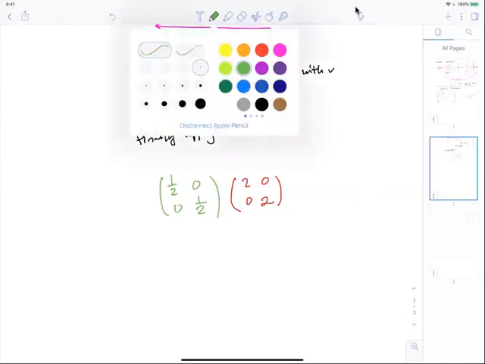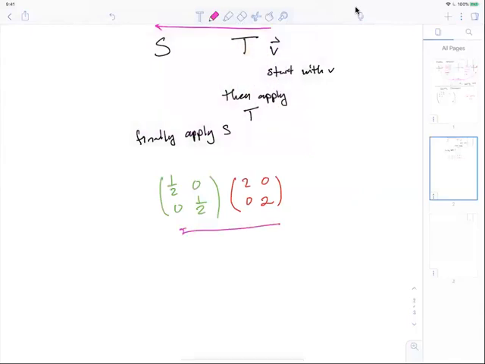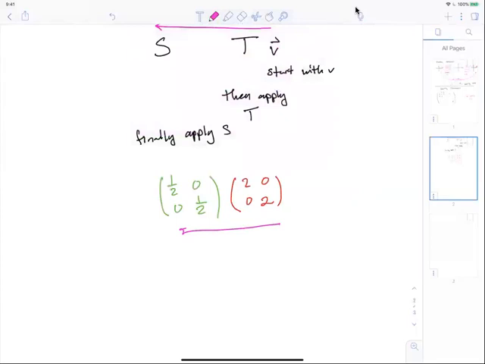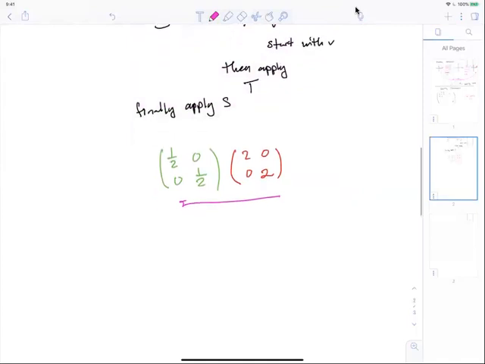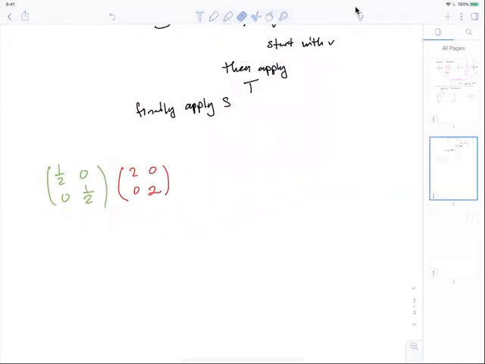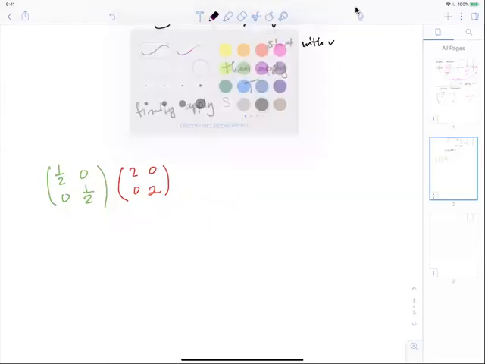And so this mimics this. If we multiply these together, what we should get is this. This is indicative that it's the same thing as doing nothing, and we should get the identity matrix. So let's go ahead and multiply these together. And I'll show you how that's done.